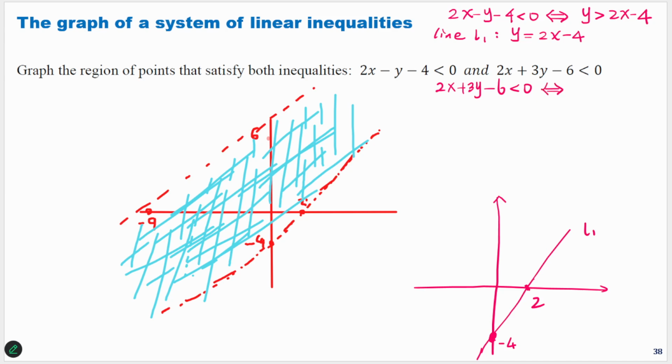That's equivalent to y is less than negative 2 over 3x plus 2. And then let's call it line L2, which has a negative slope. So it should have a direction like this, right? Not the one on your graph. So line 2 has the equation y equals negative 2 over 3x plus 2.